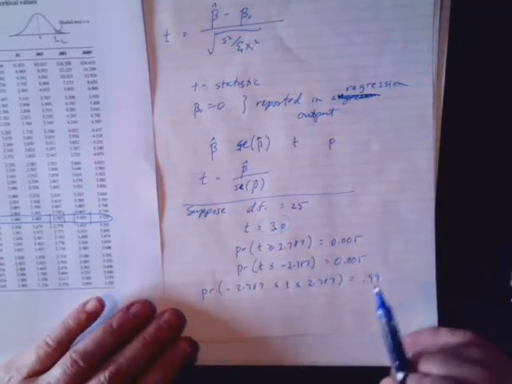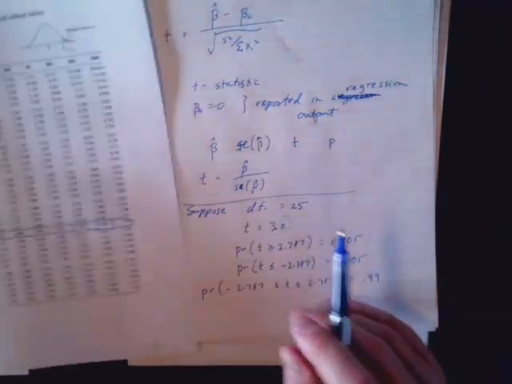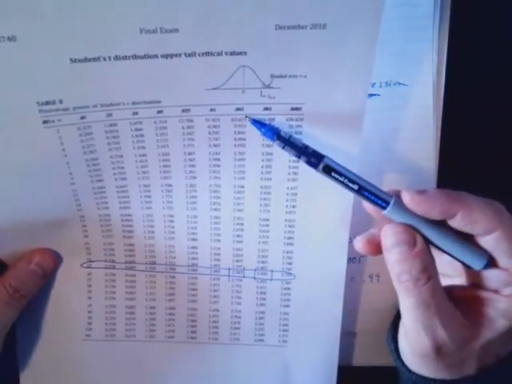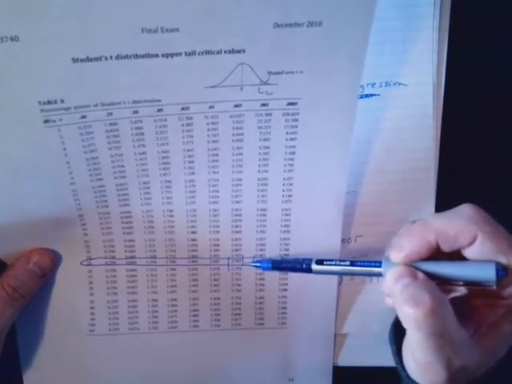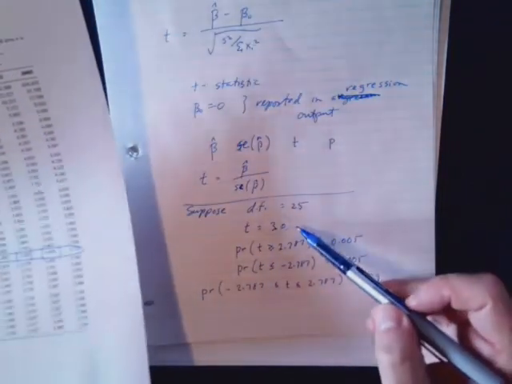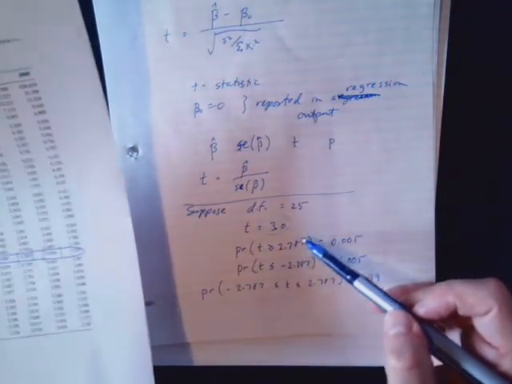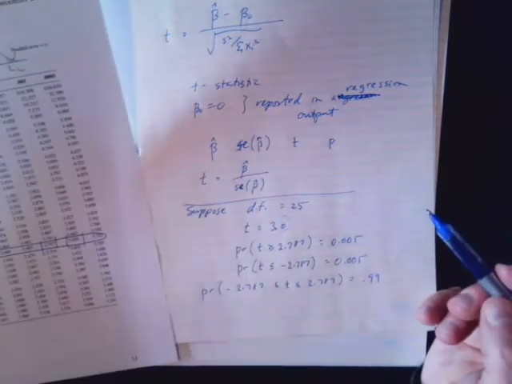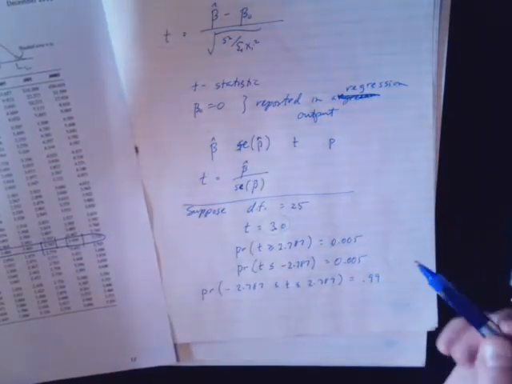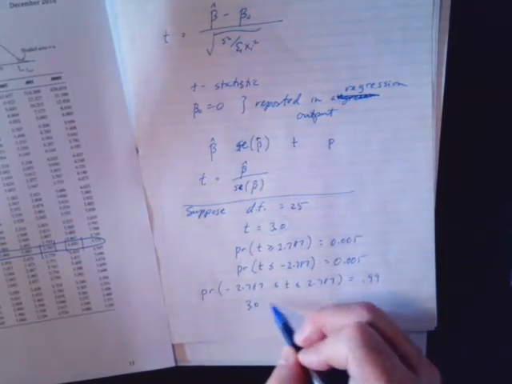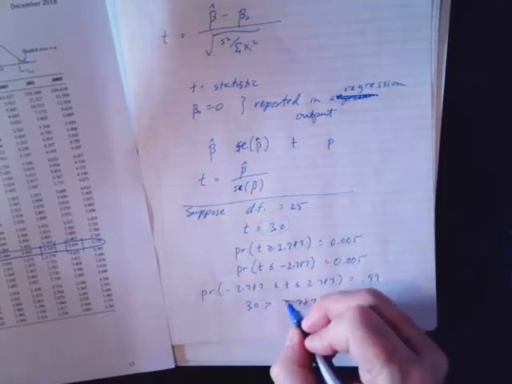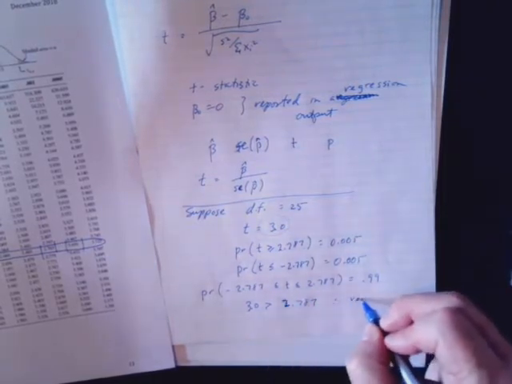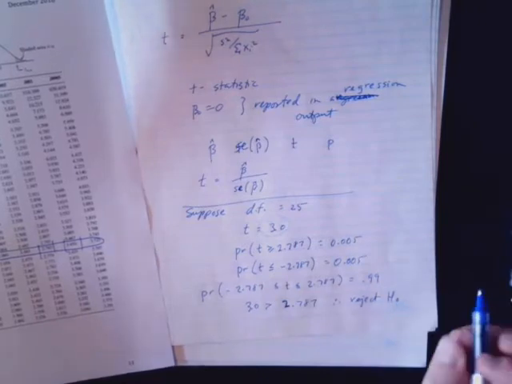If we choose a 1% significance level, then we look at the 0.5%, the 0.005 critical value, which is 2.787, and our test score is greater than 2.787, so we would reject the null hypothesis in this case. 3.0 is greater than 2.787, therefore reject the null hypothesis.